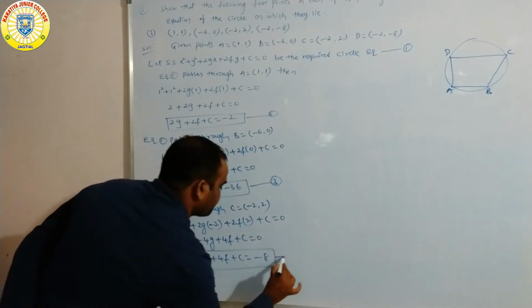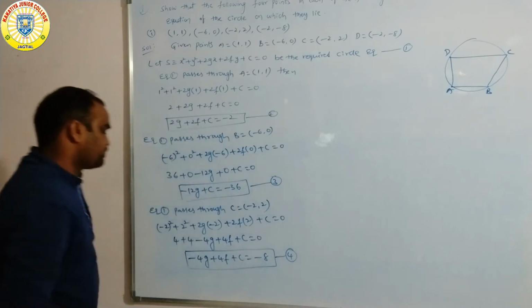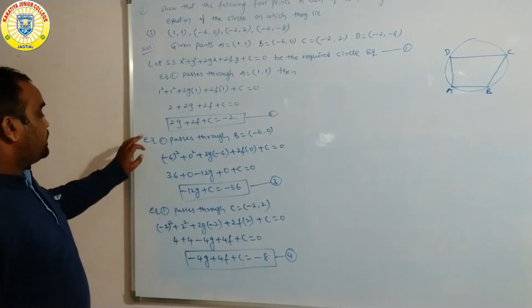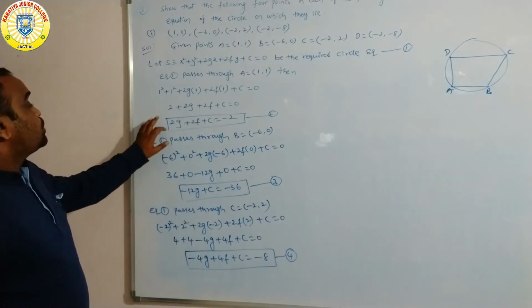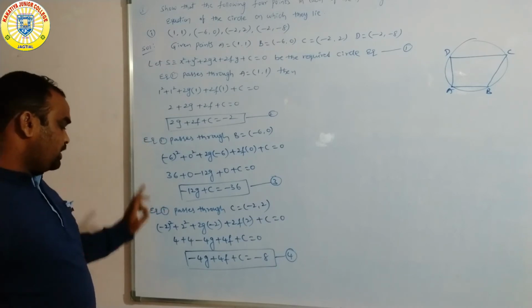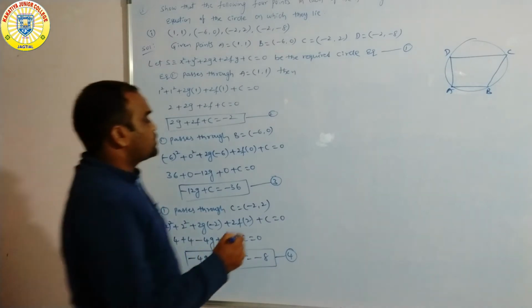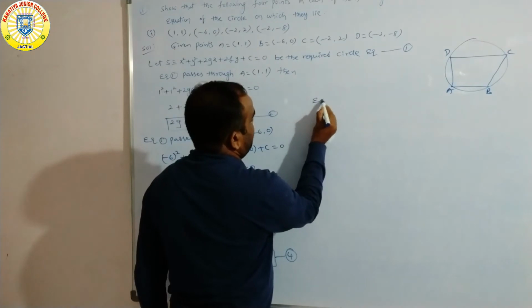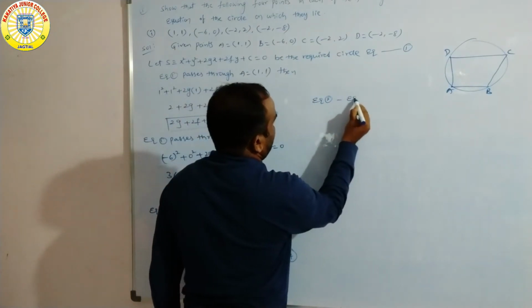This is equation 4. This is equation 2, equation 3, equation 4. Next, first we are doing equation 2 minus equation 3.